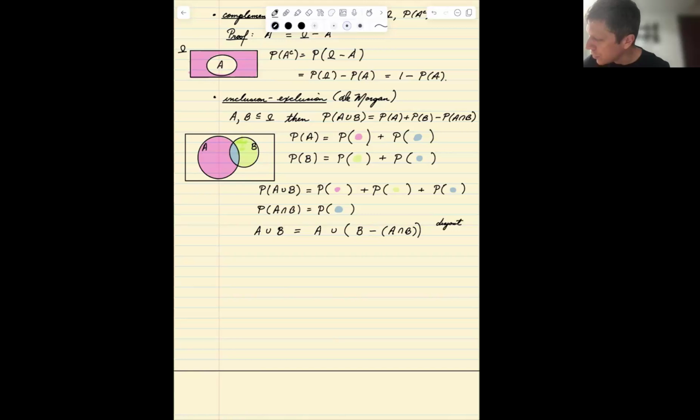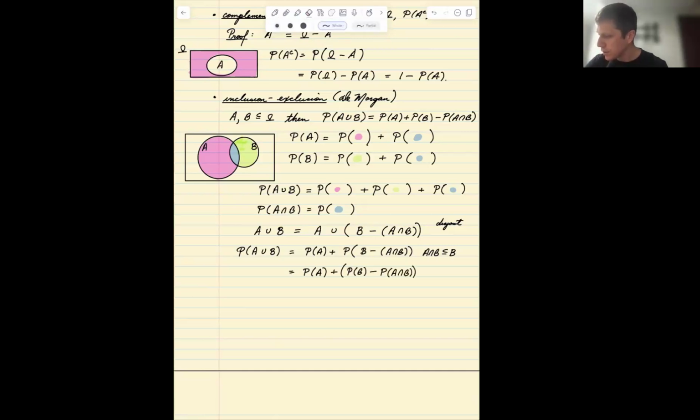And the fact that it's disjoint means that the probability of A union B is the probability of A plus the probability of B minus A intersect B. Because A intersect B is a subset of B, the rule of differences says this is the probability of B minus the probability of A intersect B. Those parentheses are extraneous; we don't need them.